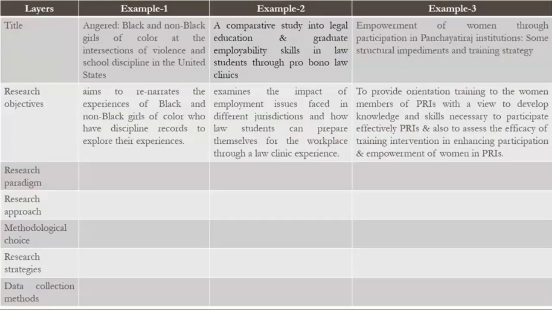Imagine that you're doing qualitative research. What is going to be a research paradigm for it? I'm not sure of it, and I have some doubts, so I don't want to speak about it, as that can be incorrect. But I'm sure of the methodology and the data collection part here.